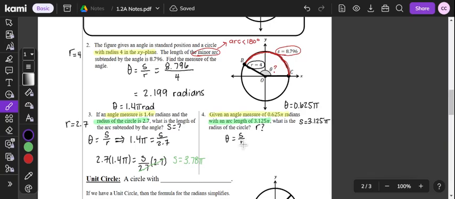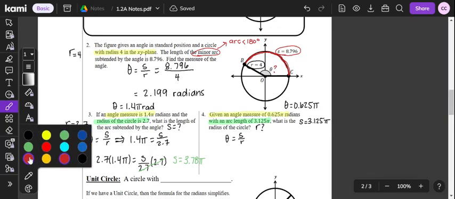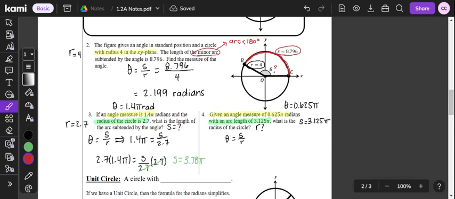I want to get it out of there, and I want to get it all by itself. So the first thing I'm going to do to get it out of the denominator is I'm going to multiply both sides by R. And when I do that, these R's are going to cancel, and I'm left with theta times R is equal to S.